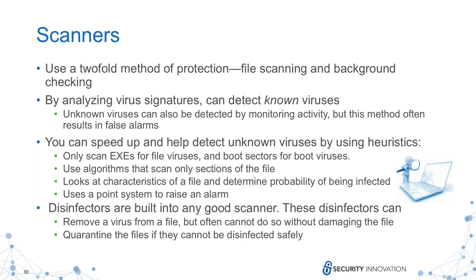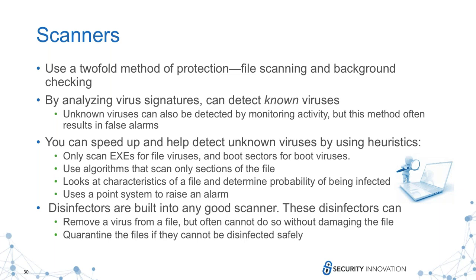So scanners using a twofold method of protection, using both file scanning and background checking, will help you expand what you're looking at. By analyzing virus signatures, you can detect known viruses, but unknown viruses can also be detected by monitoring activity.